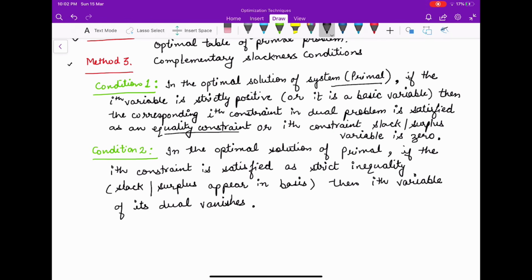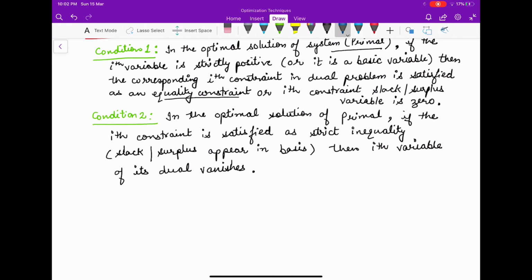Now let us see how these conditions are applied, and then we can come back to these conditions to explore them again. So let's take an example here. I'm considering an LPP.